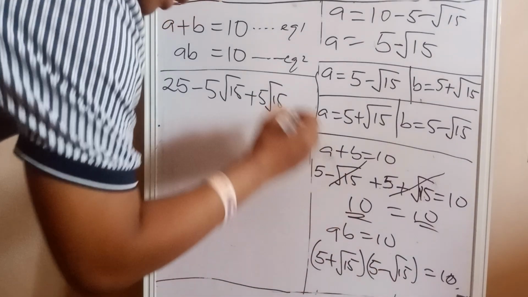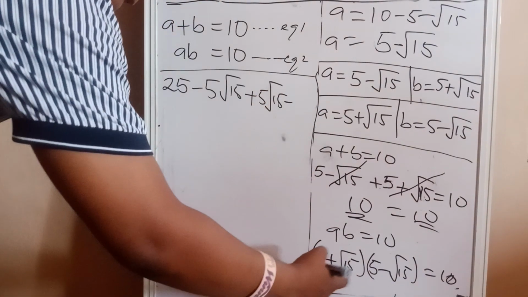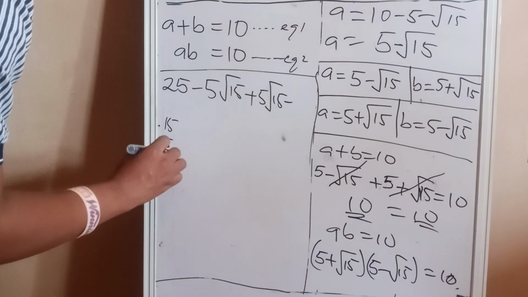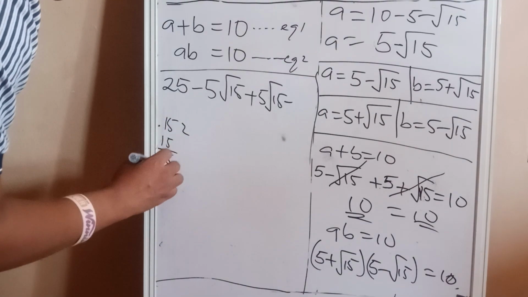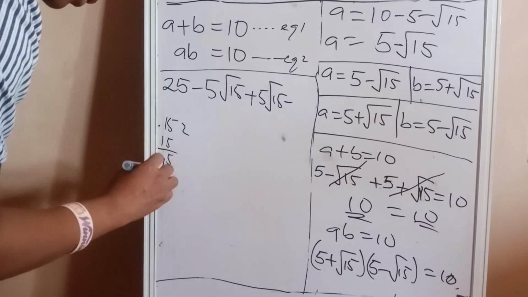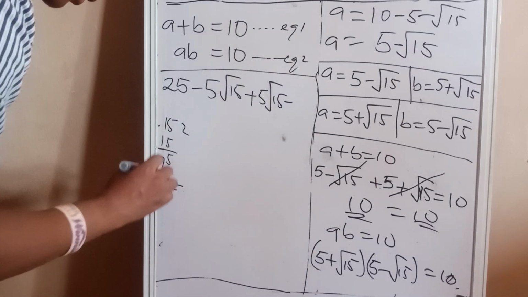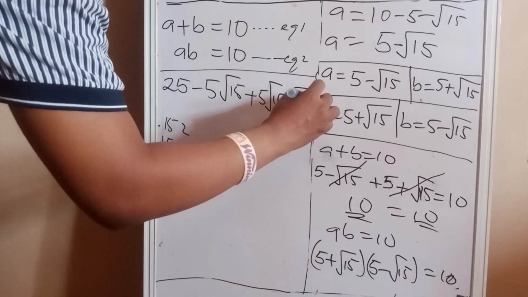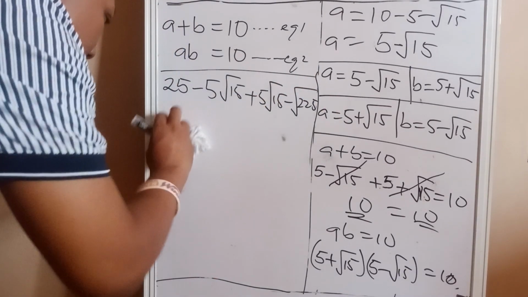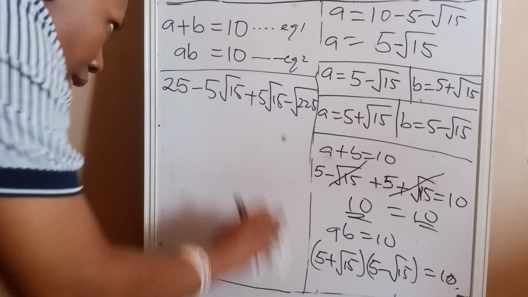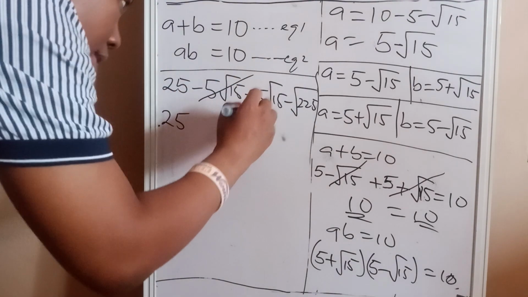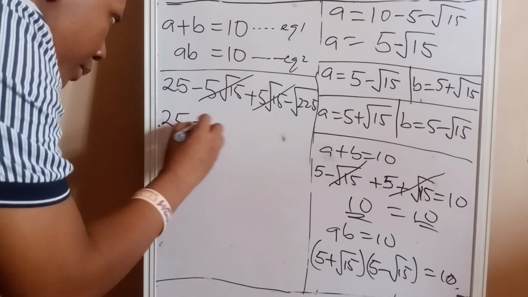And when we multiply this, we have minus root 15 times root 15, which is the square root of 225, and the square root of 225 is 15. I just wanted to break that down. So we have 25 here, and this strikes out.